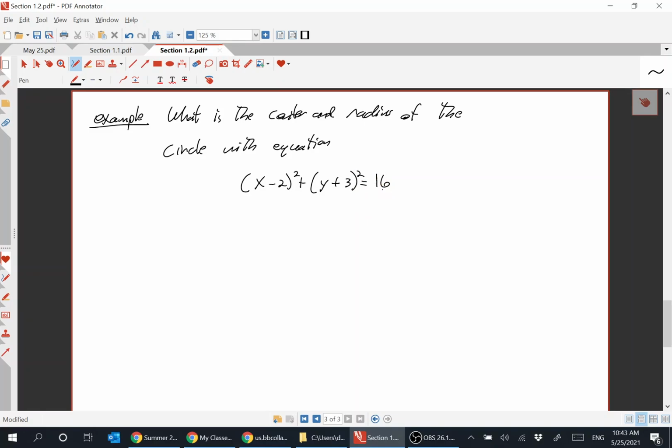What is the center and radius of this circle? Well, first of all, what's the radius? I guess that's the easier question. The radius is the square root of that, which is 4. How about the center?